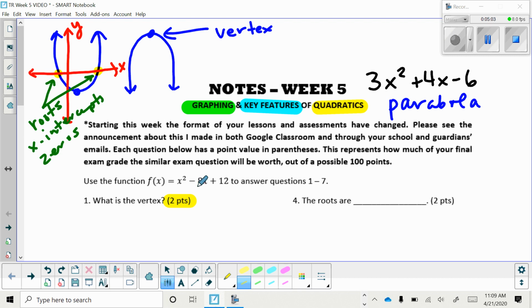Another point we're interested in is where does the graph cross the y-axis? I'm getting kind of crowded here, sorry about that. But look again at the blue parabola. Find the y-axis that goes vertically. Where do they intersect? They intersect right here. And we call that point the y-intercept.